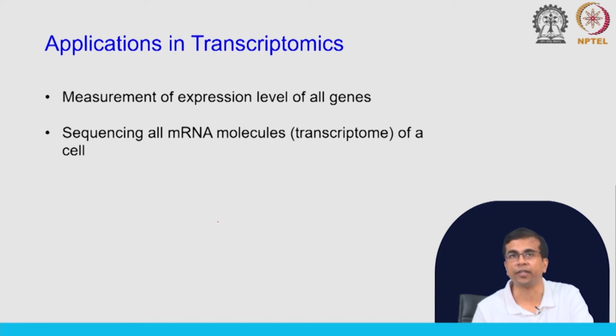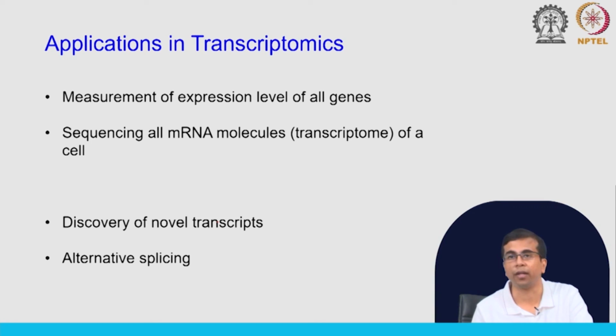What happens in transcriptomics is we measure the expression level of all genes and we sequence all mRNA molecules, the transcriptome of a cell. Of course, we do not directly sequence mRNA, there are specific processes that we go through, and it allows us to discover novel transcripts, and there are probably transcript variations that can happen from normal to disease samples, and we can identify those.